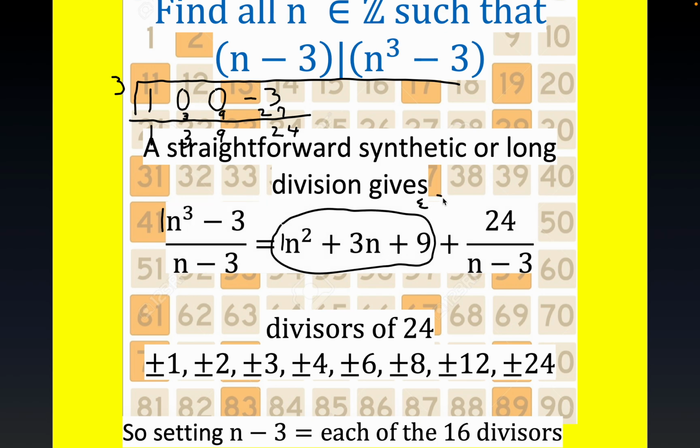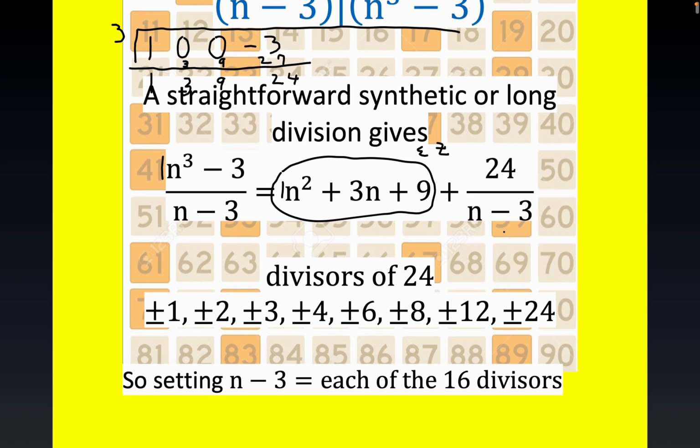But this piece right here is only an integer if n minus 3 is equal to one of the 16 divisors. You have 8 positive divisors of 24 and 8 negative divisors of 24. So there's 16 total divisors. So n minus 3 has to equal one of those 16 divisors in order for this piece to resolve to an integer.